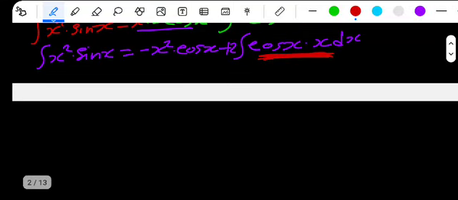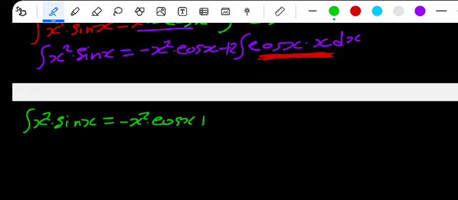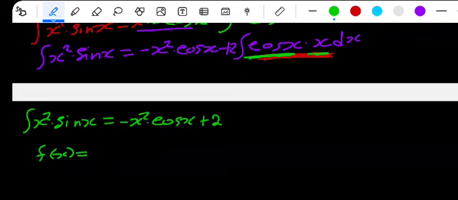So our left hand side we still have x squared multiplied by sine x, equal to negative x squared multiplied by cos x plus 2, then here we apply integration by parts. Here I can let f of x be equal to x.